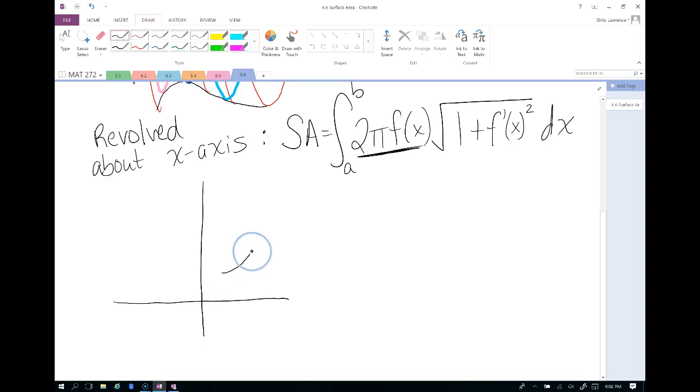So very similarly, we could take a graph or a piece of a graph on an interval from A to B, but this time we're going to revolve it around the y-axis. So when we start to spin it at about 180 degrees, we will have an exact replica of it.